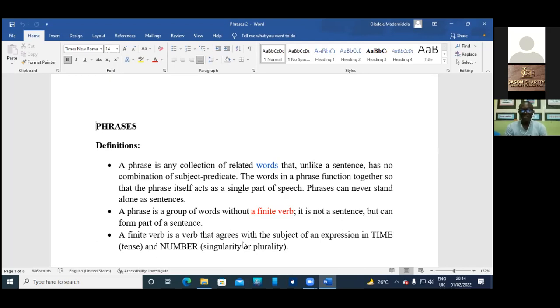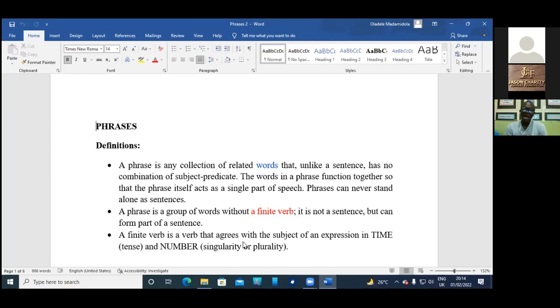And if it agrees in number, it tells us whether that subject is singular or plural. So importantly, what makes a sentence is the agreement between the subject and the verb, the finite verb in this sense.